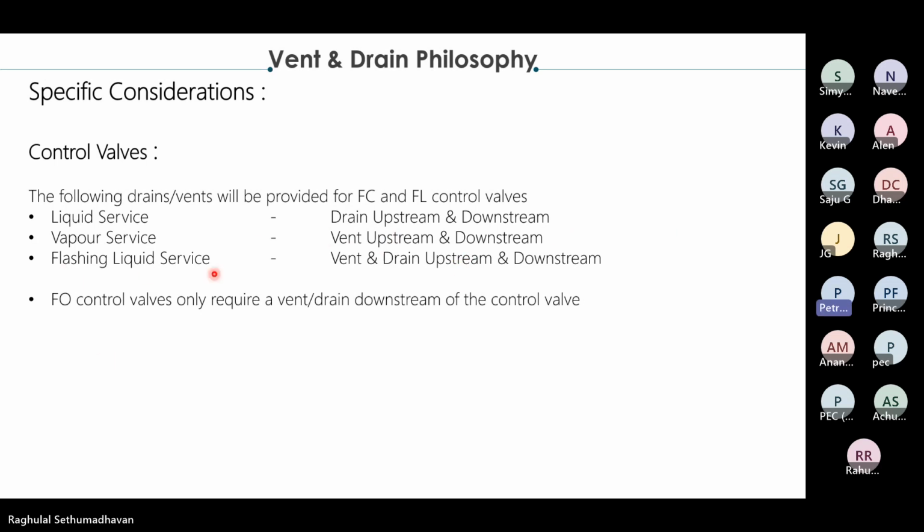If it is a flashing liquid service, vent and drain both are to be provided upstream and downstream. If it is fail open, we only require one place. It will mostly be provided in the downstream of the control valve. Okay.